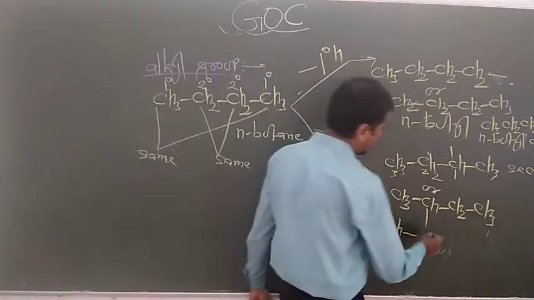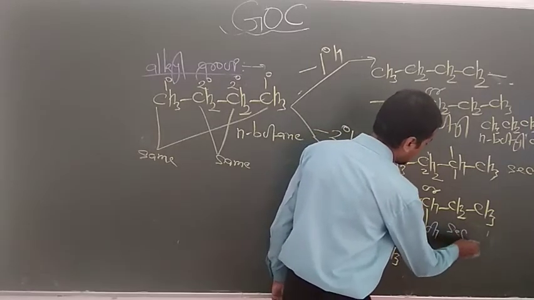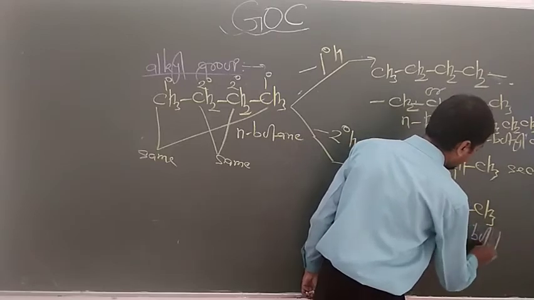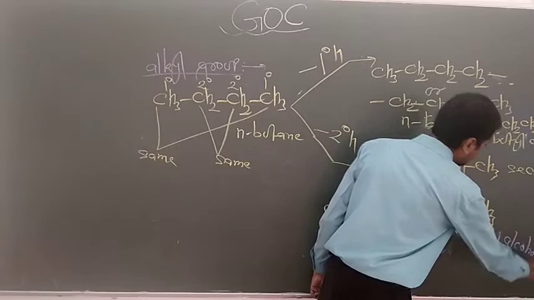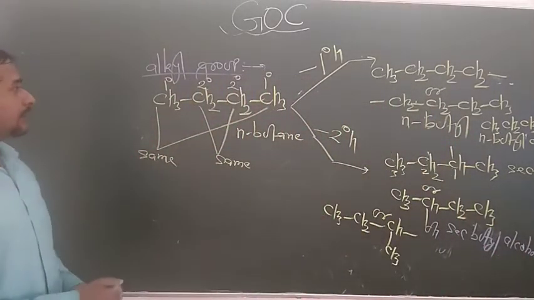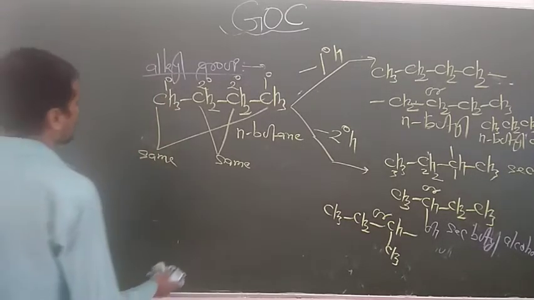So here you can add OH. Now this becomes secondary butyl alcohol. So by this way you can write the name of the given compound in its common name. So this is also very important. Are you getting this point?